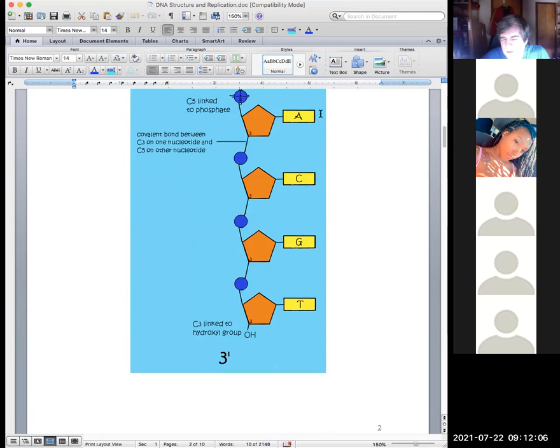Remember back when we discussed water, we said one of the things that makes water a unique molecule and gives it properties that are very important for living organisms is that in water, we have hydrogen bonds. In DNA, we have hydrogen bonds. So when we have another chain of nucleotides over here, there are going to be hydrogen bonds connecting the nitrogenous bases on one chain to the nitrogenous bases on the other chain. So this is how we hold DNA together.